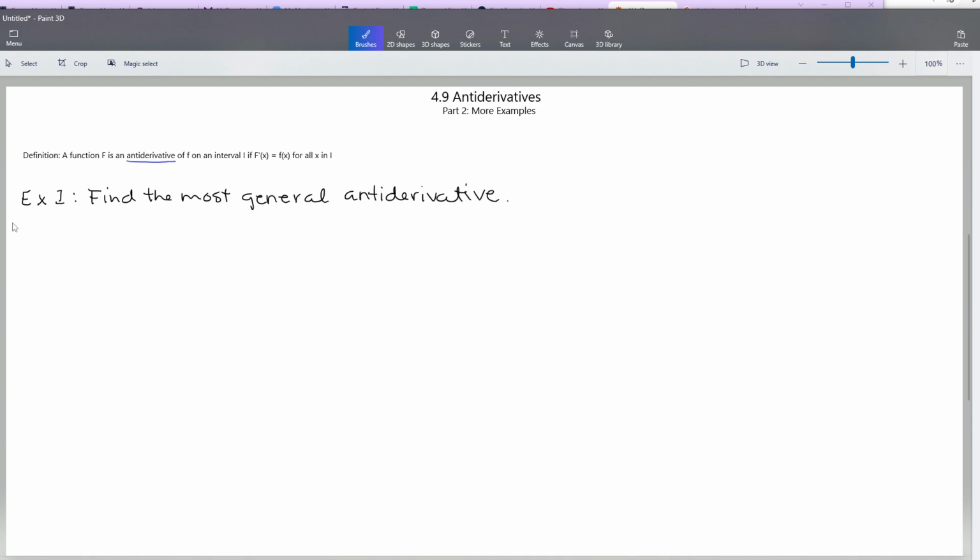We're still looking for the most general antiderivative, which means we're going to have the idea of adding that constant that we don't know what it is. Okay, so let's look at our first one here.